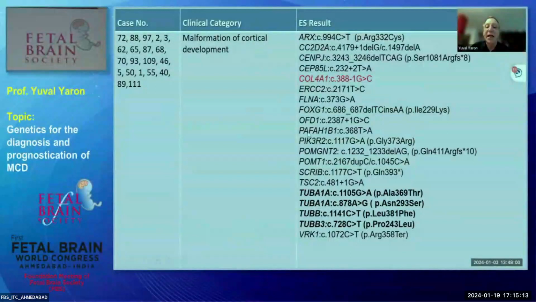But interestingly, we also found a COL4A1 mutation. A mutation in this gene causes a brain hemorrhage. So it's interesting to think of a mechanism where disruption of this gene causes malformation of cortical development. We are reminded that some of the cases are caused by vascular abnormalities.